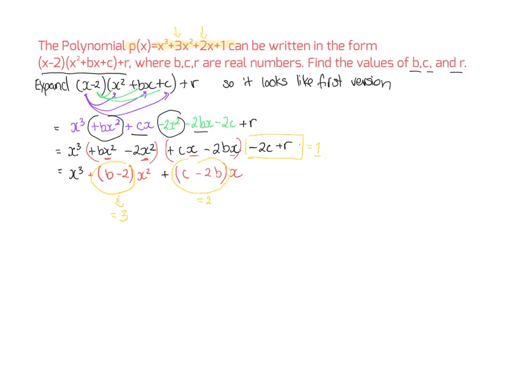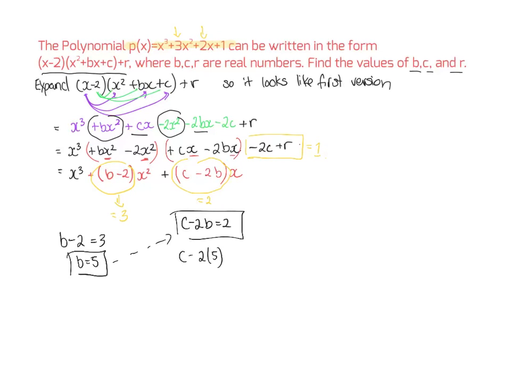So let's do the first one first. We know b minus 2 must equal 3, so b equals 5. So I know that. And then I know that c minus 2b equals 2, but I know that b is 5. So c minus 2 times 5 equals 2, so c equals 2 plus 10.